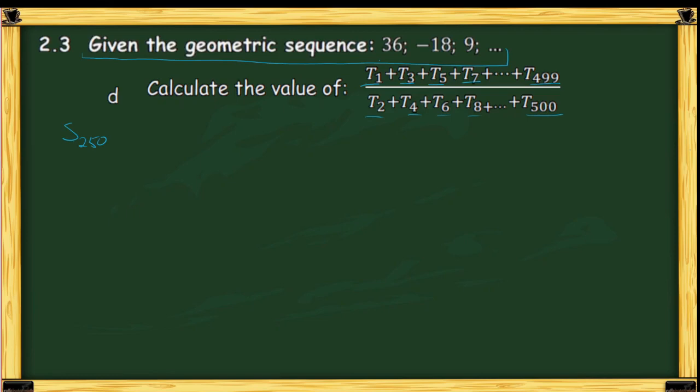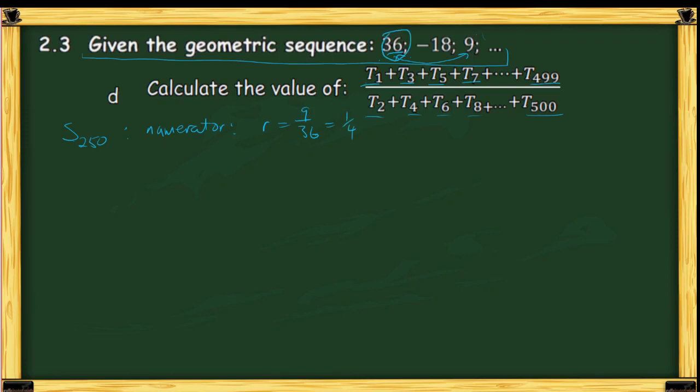However, for the numerator, we should take note, given that it's every second term, our common ratio, that is term 2, 9 divided by term 1, which is 36, gives us 1 over 4.